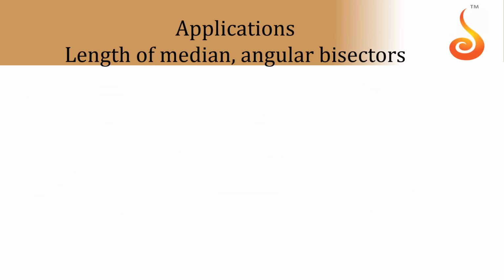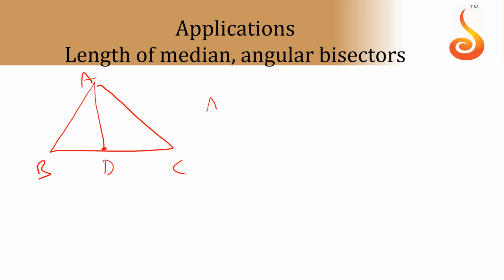Okay, now lengths of median. Suppose ABC is a triangle. Suppose I want the median from A. So for that AD bar vector, can I do it like this? 2 into AD bar equal to 1 into AC bar plus 1 into AB bar.